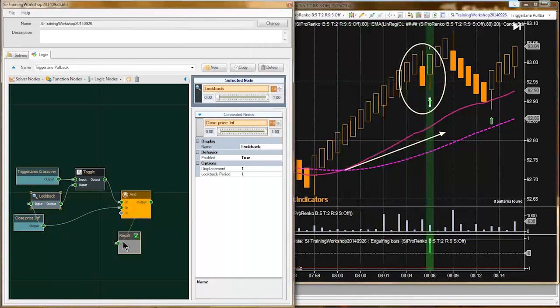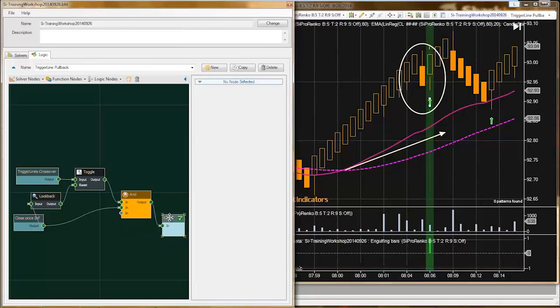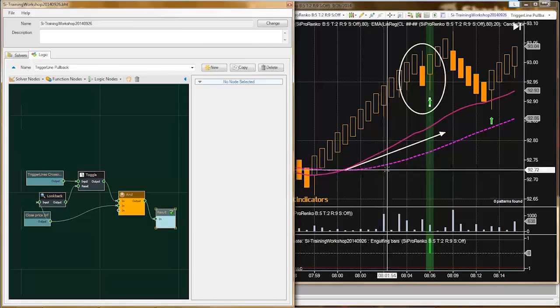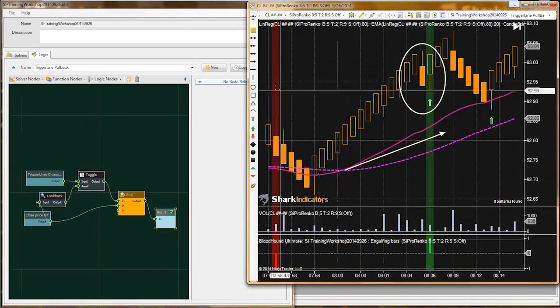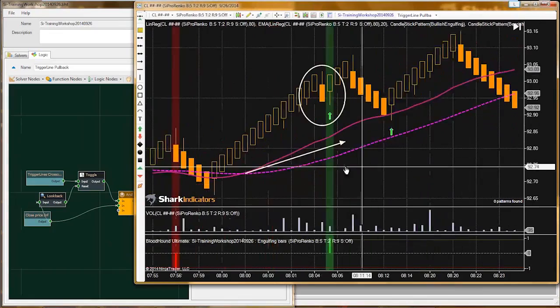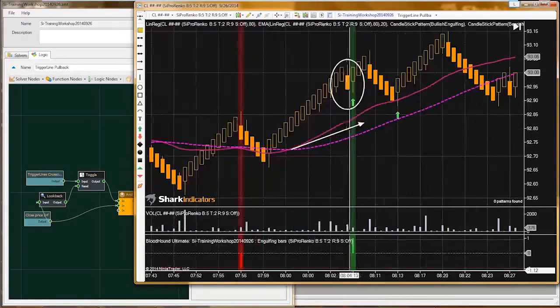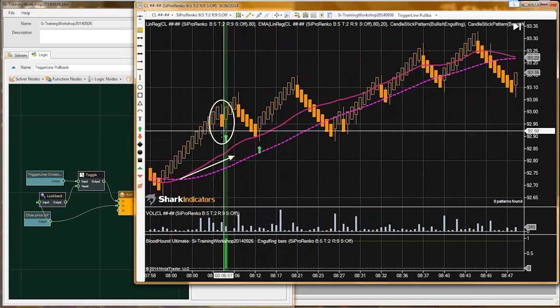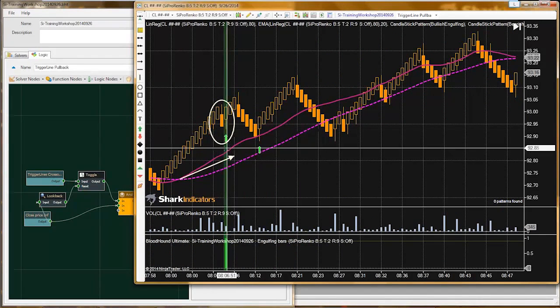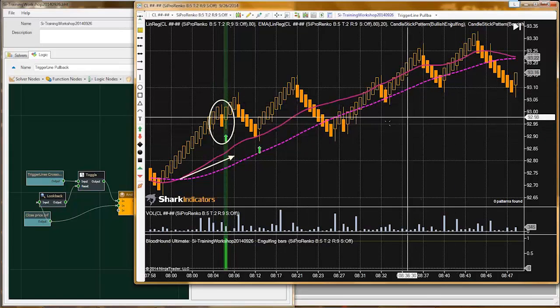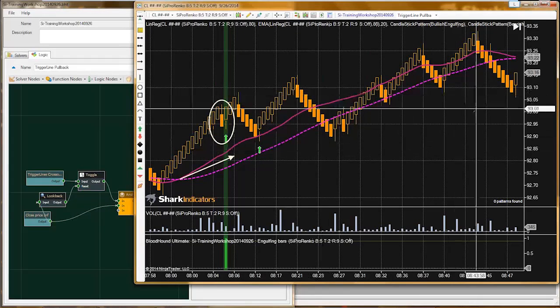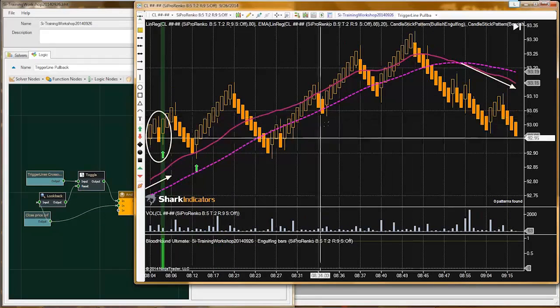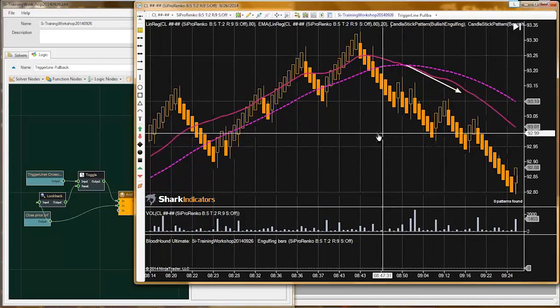So let me pull the chart forward. Now look, we only get the first pullback in the trend, and there's no more long signals during the uptrend.